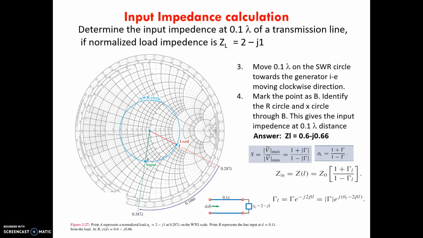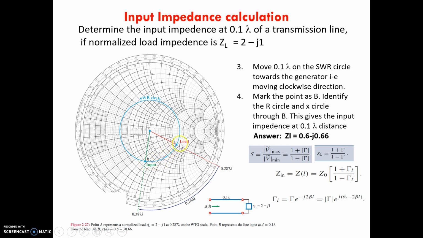As a third step, we have to move 0.1 lambda on the SWR circle towards the generator, which means we have to move in the clockwise direction from the load. From the load we need to move towards the generator a 0.1 lambda distance.